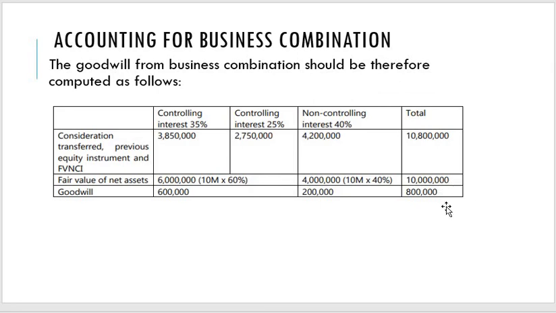So we have 800,000 as our goodwill. But if we are to allocate goodwill into controlling interest and non-controlling interest, yung share ni controlling interest is 600,000, while the share of non-controlling interest is 200,000.